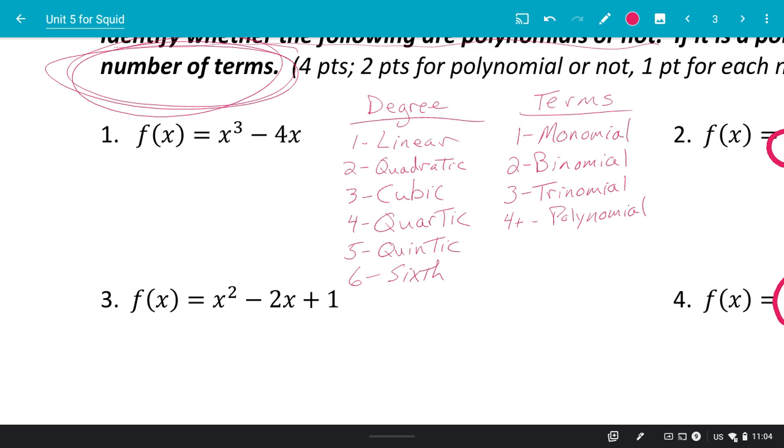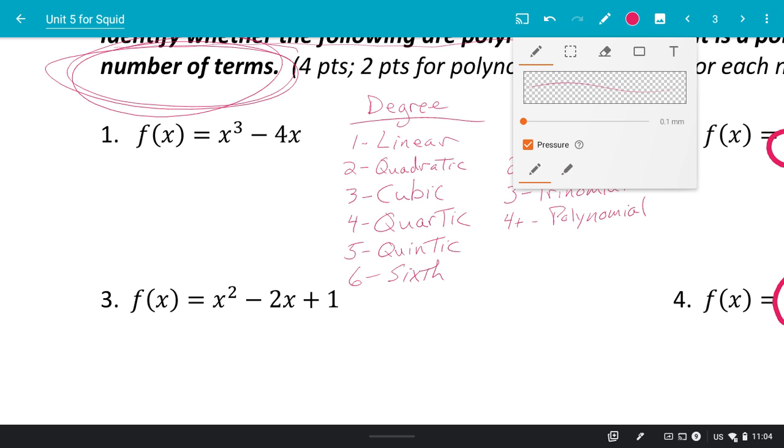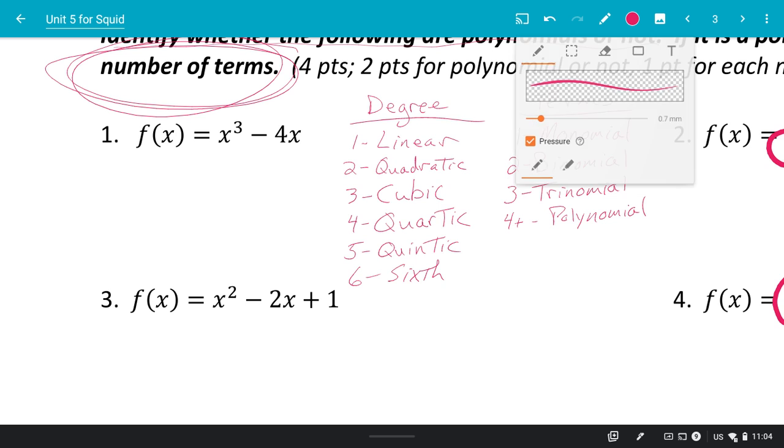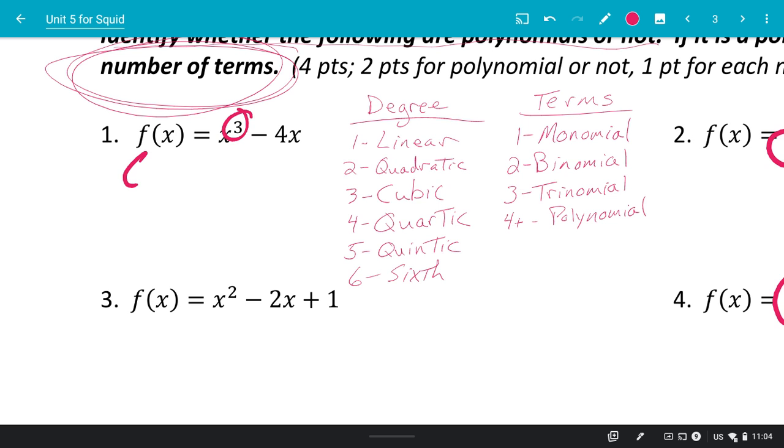Now that we have those lists, naming these polynomials becomes very easy. Looking at number 1, the degree is 3, making it cubic. And it has how many terms? 1, 2. So it's a cubic binomial. Please name number 3 on your own. 10 seconds.